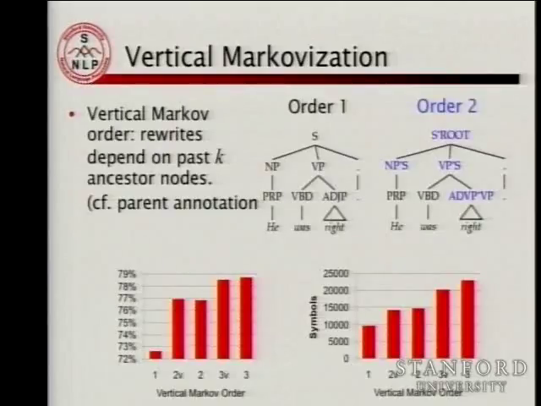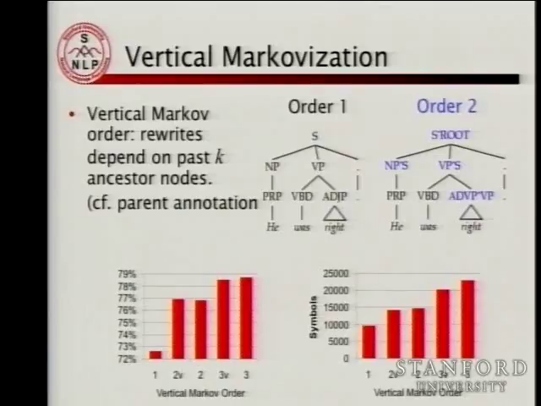I'd already mentioned the idea of parent annotation. You can think of parent annotation as also like a Markovization process, where it's the opposite. In this case, if you just have a basic PCFG, that's like having a first order vertical Markovization, because you're expanding a node based on knowing only what the parent category is.